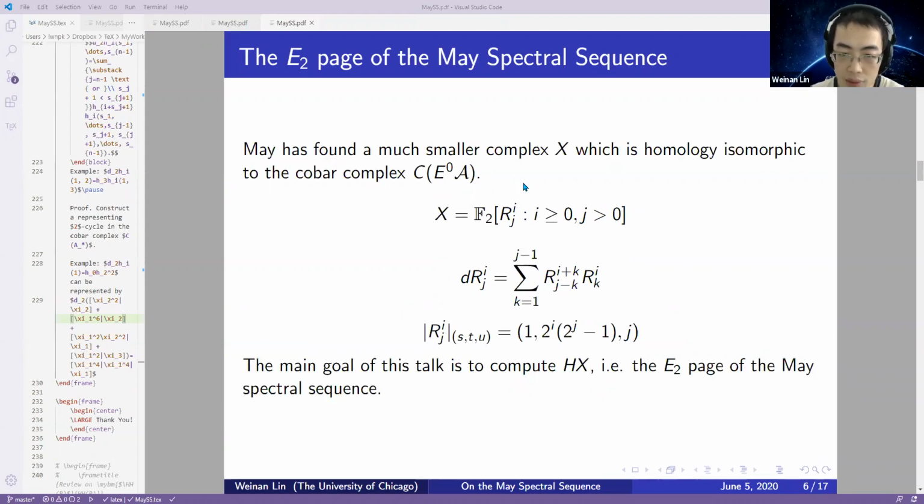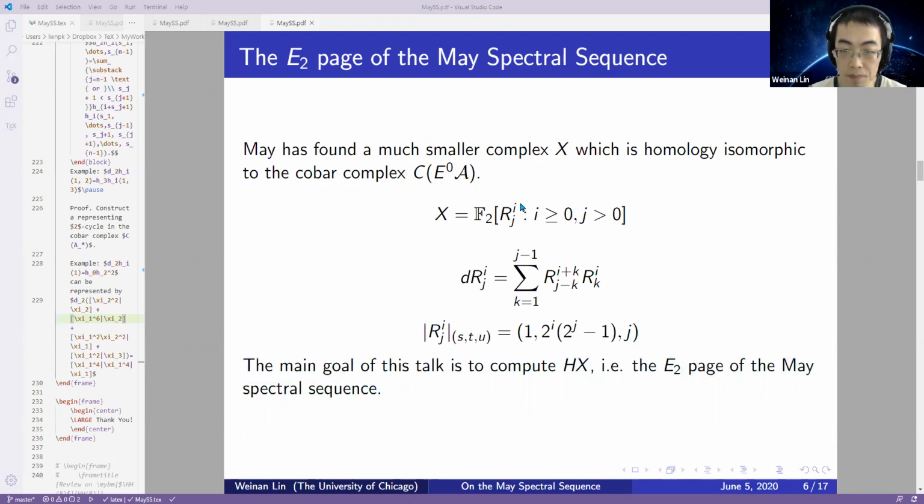It's a polynomial algebra, and the grading is given by this. That's the s degree, the cohomology degree is 1. The topological degree is that, and that's the same thing as the degree in the Steenrod algebra. And u is the May degree. It's the lower index j in ξ_j.